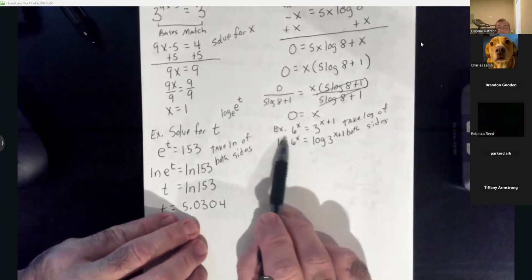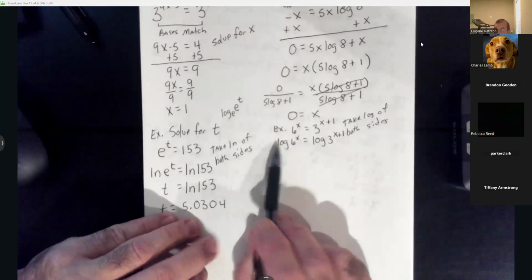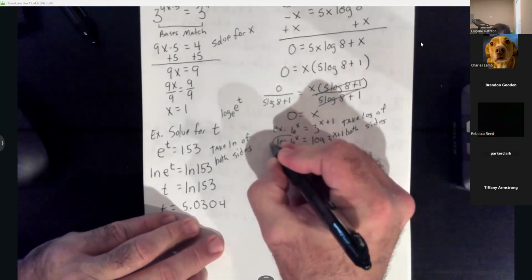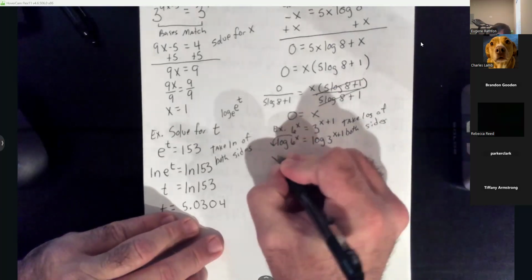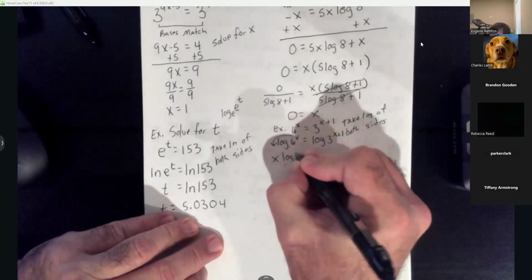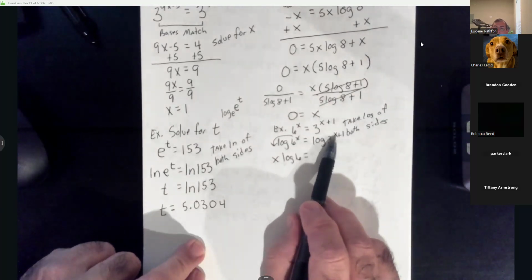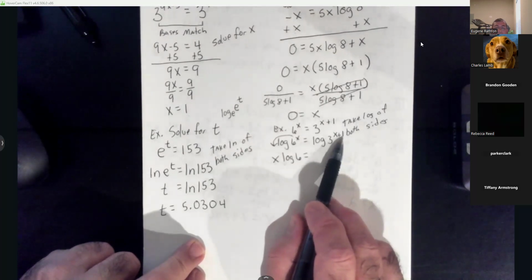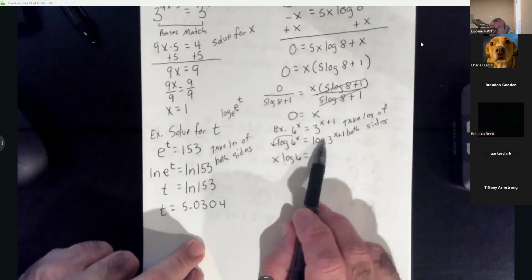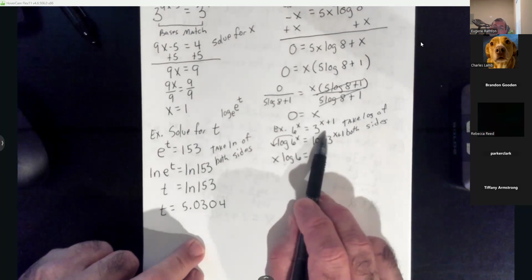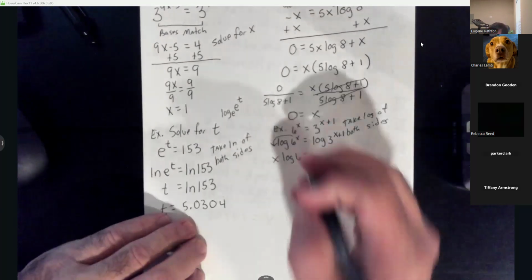Now, here's the tricky part. Right here, you're going to bring down the x. And this side will give you an x times a log 6. Over here, you got to bring down both exponents and sort of distribute them through, okay? So you're going to bring the x down first times the log 3.